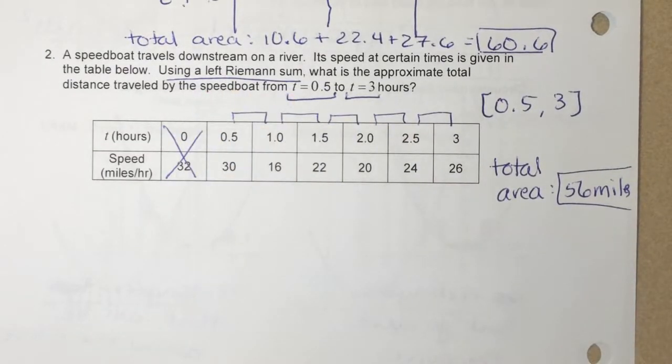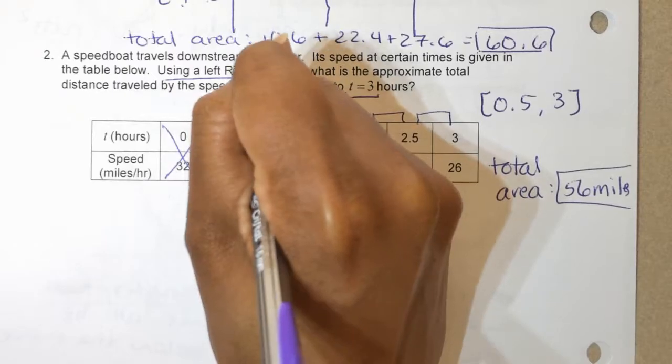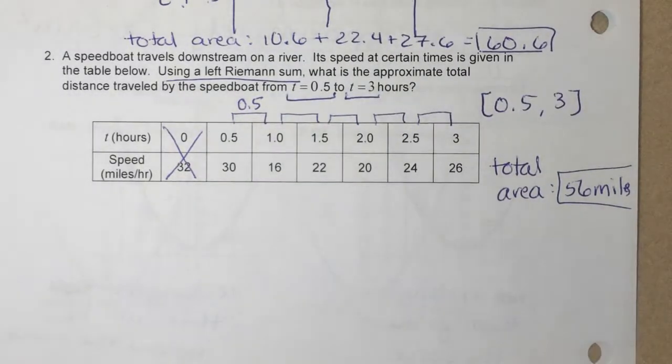You're not using the midpoint or the right, you're using the left. So make sure you're using the right value to find your height. And your distance between intervals is 0.5. So try that problem, and we will check in tomorrow if anybody has any questions.